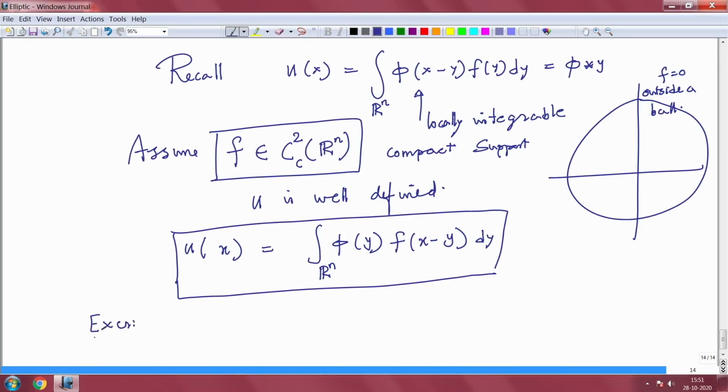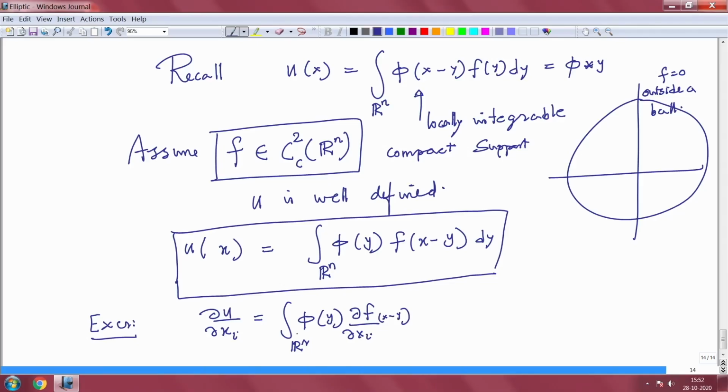You can justify these using theorems from Lebesgue integration, because once you take a derivative you have to justify it. You are taking the derivative with respect to x, and phi is not differentiated because it is with respect to y. So, I differentiate with respect to x. You can prove this.